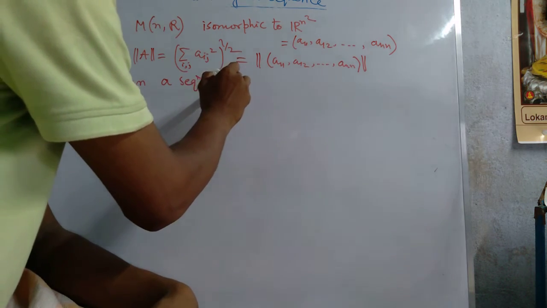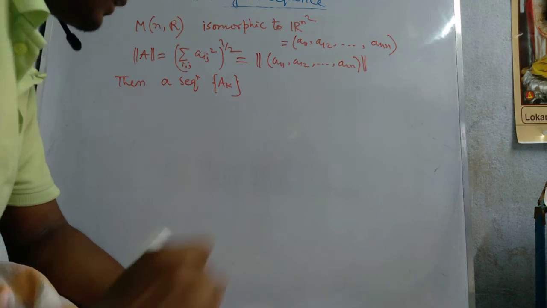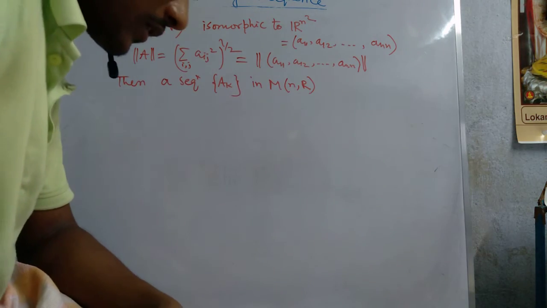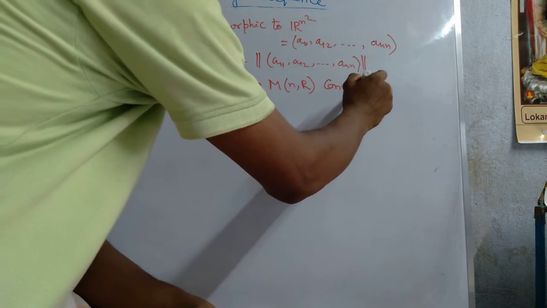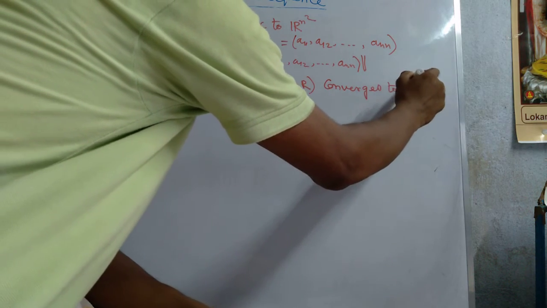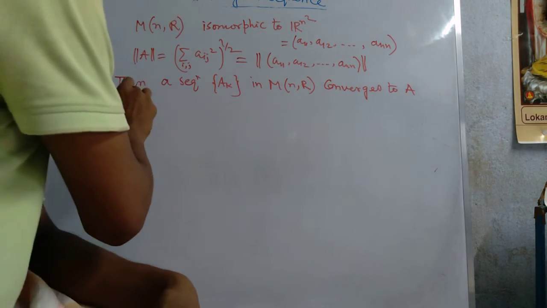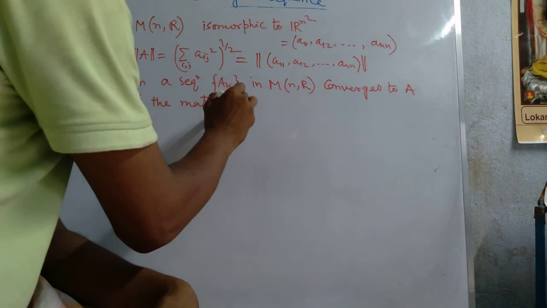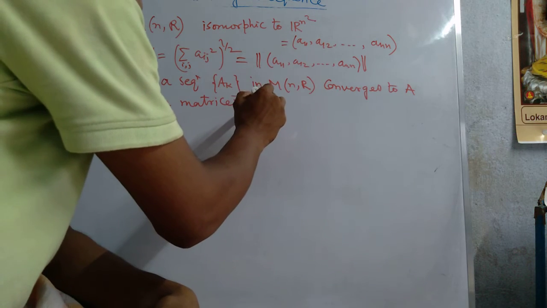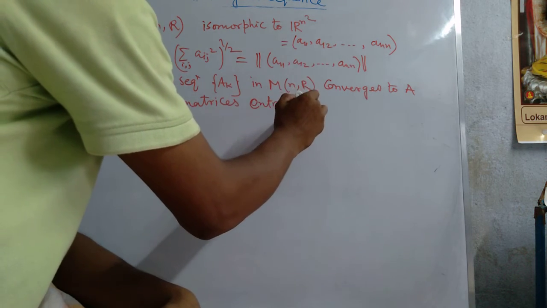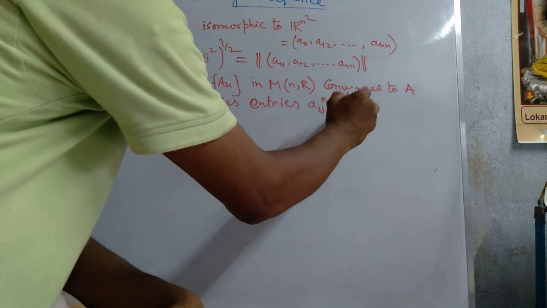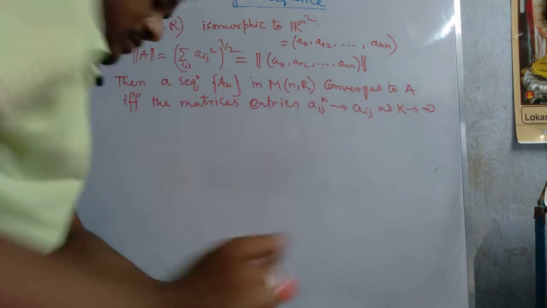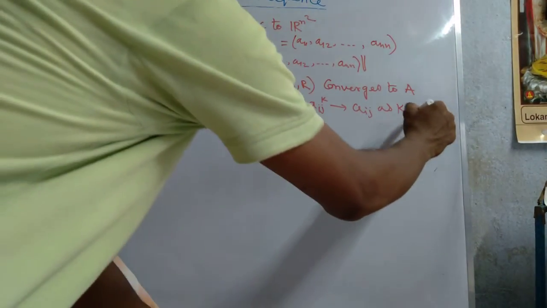Then a sequence Ak in M_n(R) converges to A if and only if the matrix entries aij^(k) tend to aij as k tends to infinity for all i, j.